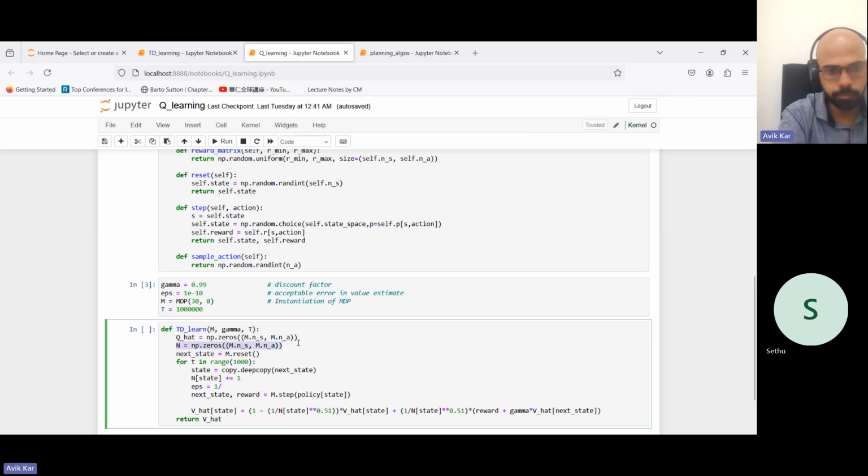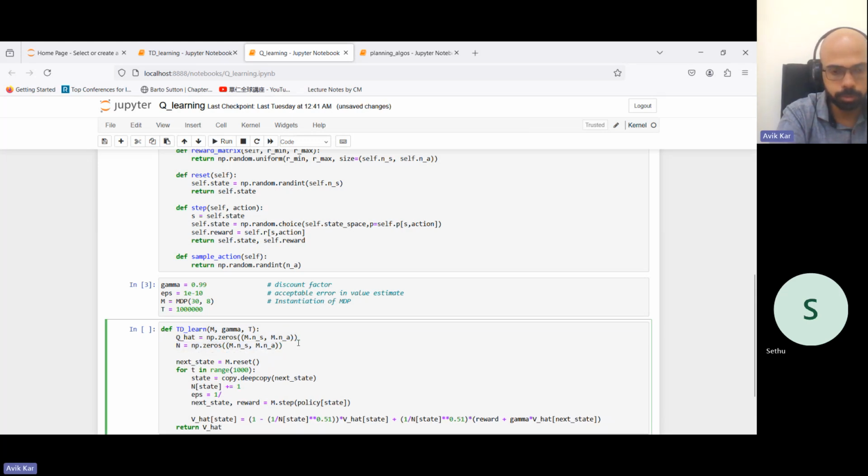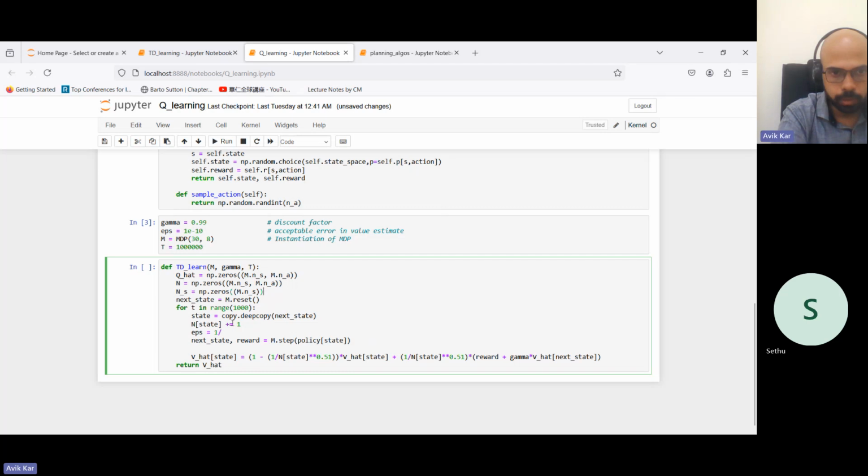Capital N is saving the number of counts, and capital N subscript S is saving the number of times a state is visited, not a state-action pair. So N_S is incremented by 1, and then x is 1 by the number of times you have visited a state.